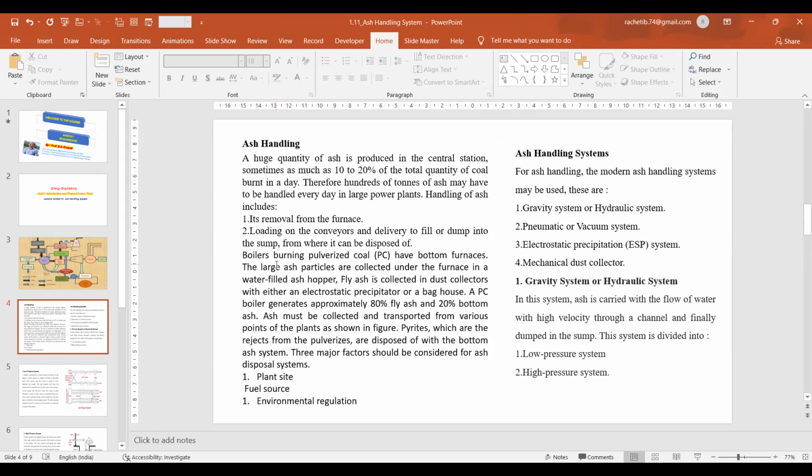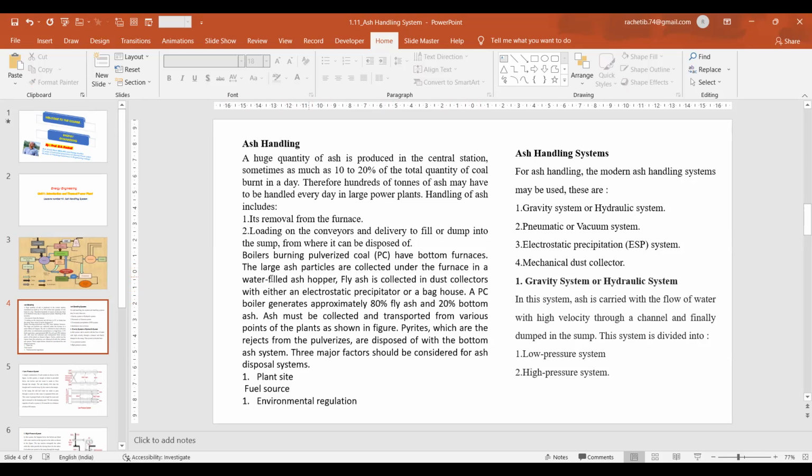So the ash handling system consists of the following. You know that boiler furnaces have bottom furnaces. The large ash particles are collected under the furnace in a water-filled ash hopper. This system we had. After combustion, the heavier particles fall down as bottom ash.